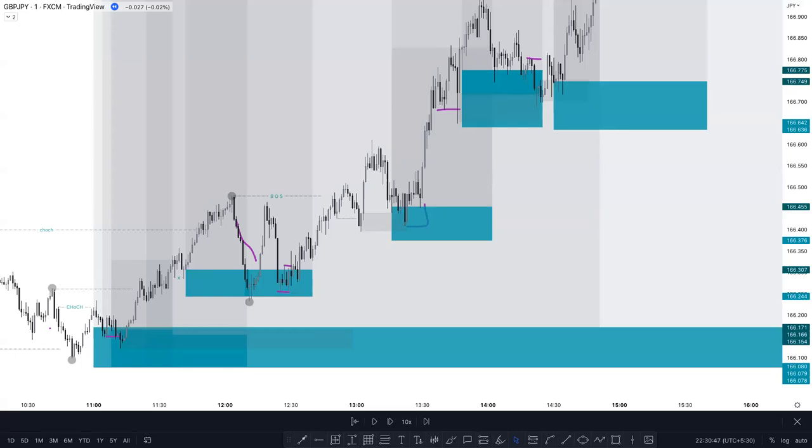Please explain about session high or low sweep. High or low session was already mentioned in a previous webinar also, right? If you watch the previous webinar, then I already mentioned how session high or low works.